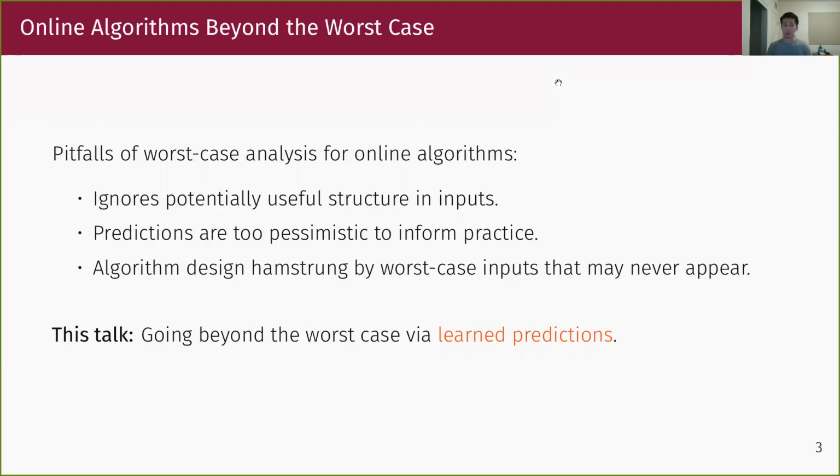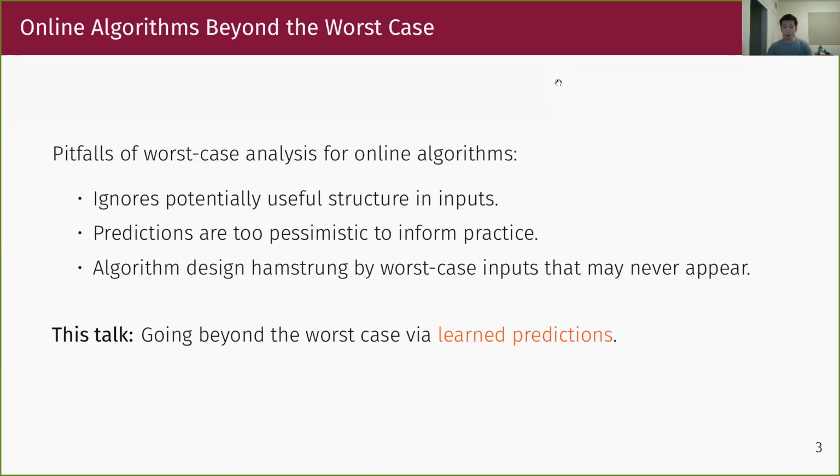So these shortcomings of the traditional worst-case analysis model for online algorithms has therefore motivated the exploration of various beyond worst-case models of online algorithms. These have included stochastic inputs for online algorithms, random arrivals, as well as semi-online algorithms.